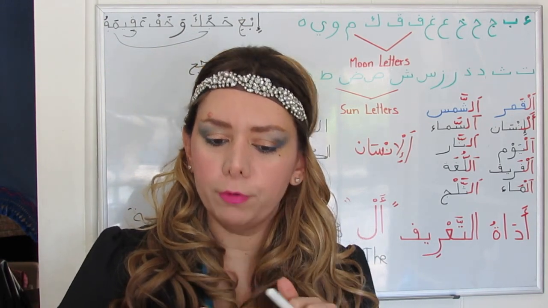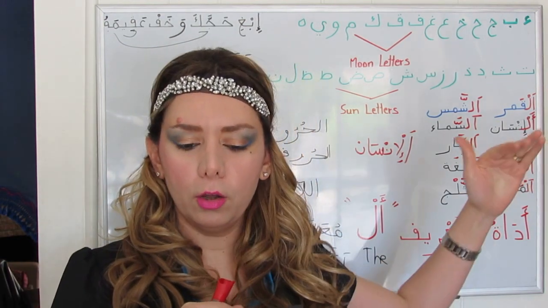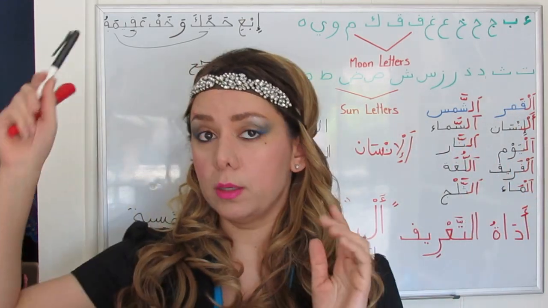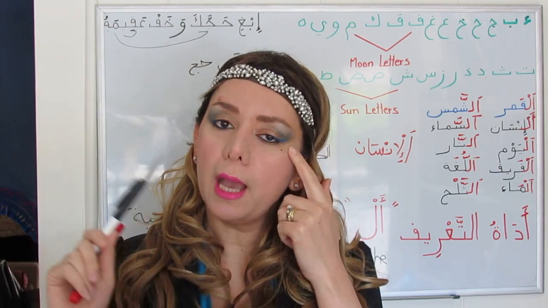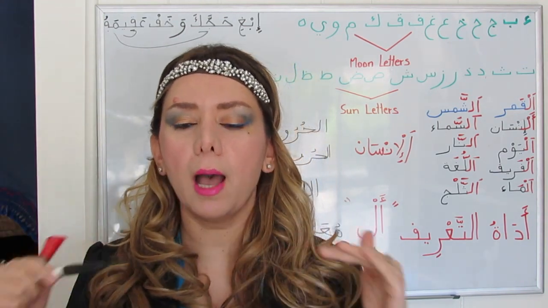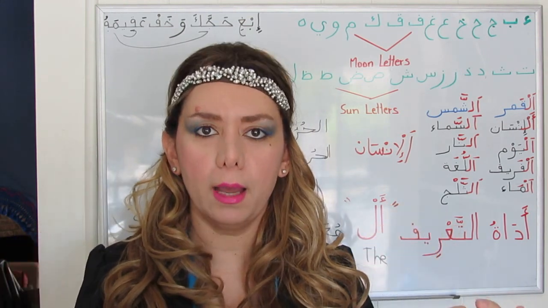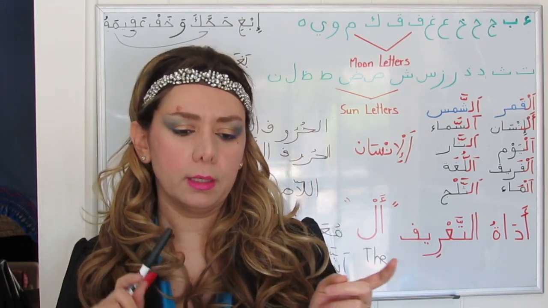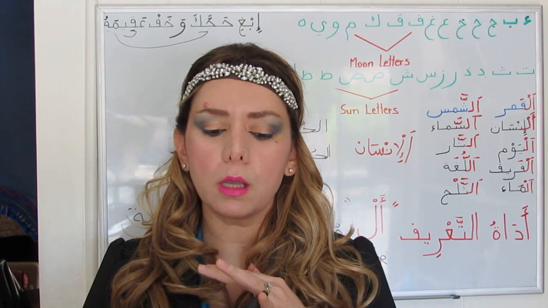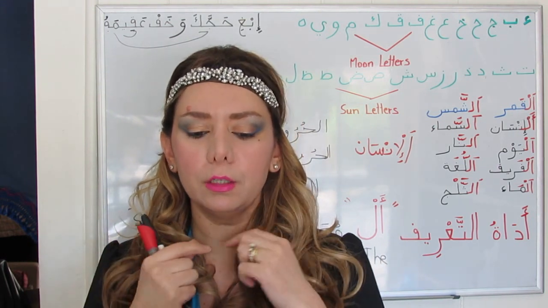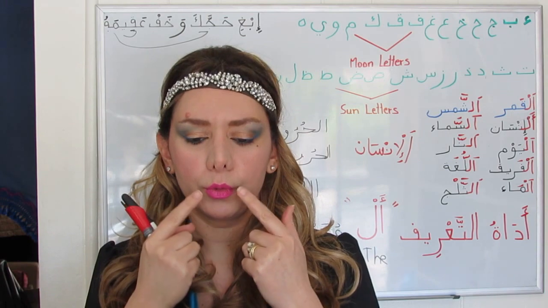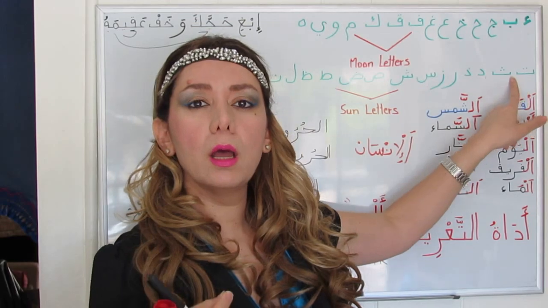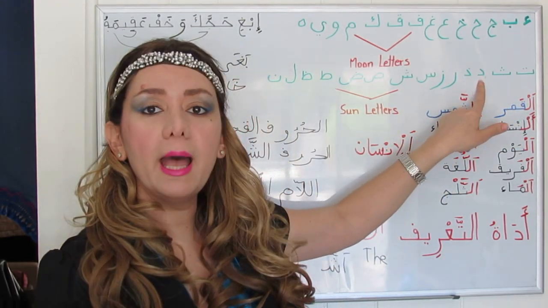Alright, so if a word begins with any of the rest of the letters of the alphabet, but the ones in this sentence, the L will be pronounced as A with a silent lam. Ash-shams. So sun letters, another hint for you: sun letters are all pronounced near the front of the mouth, near the teeth, like ta, tha, dal, dhal.